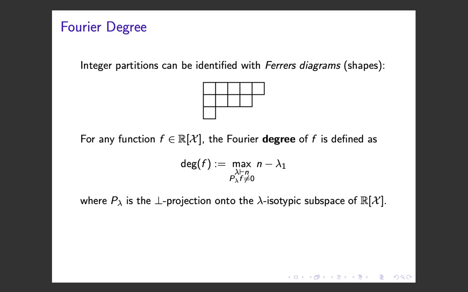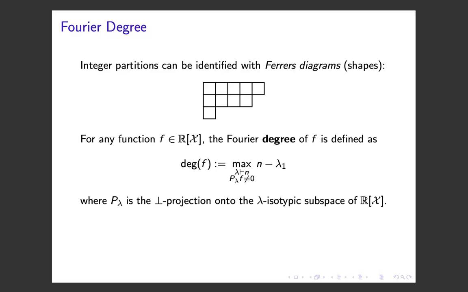Okay, so we're now in a position to talk about Fourier degree. Fourier degree is defined as follows: the max of n minus lambda_1 over lambda such that P_lambda f is non-zero. The way to think about n minus lambda_1 is that it is simply the number of cells underneath the first row of lambda when we think of lambda as a Ferrers diagram. And P_lambda is the orthogonal projection onto the lambda isotypic subspace.